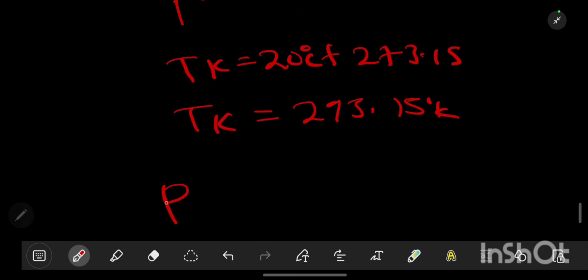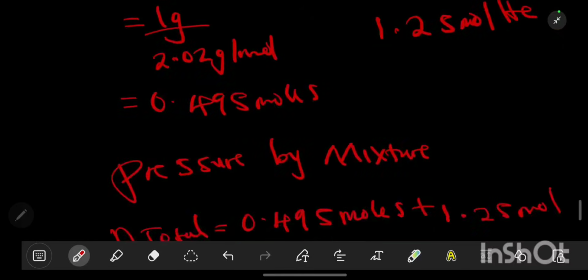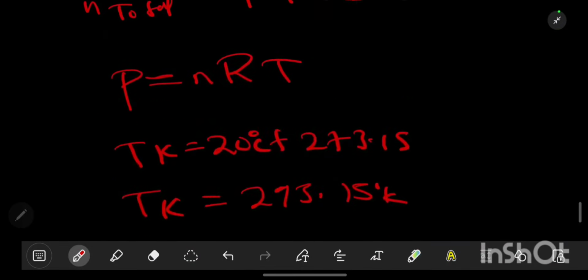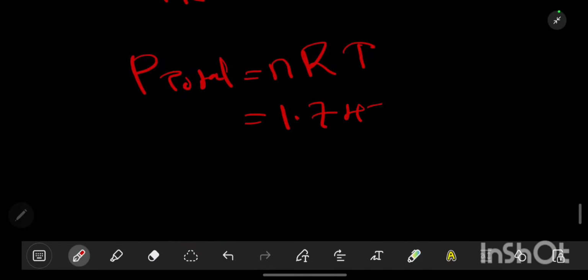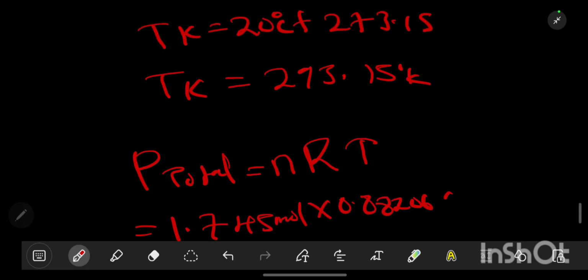Then just replace. The total pressure will be equal to nRT. Our number of moles, the combined, is 1.745 moles, times what is my R? My R is equal to 0.08206, times our temperature.